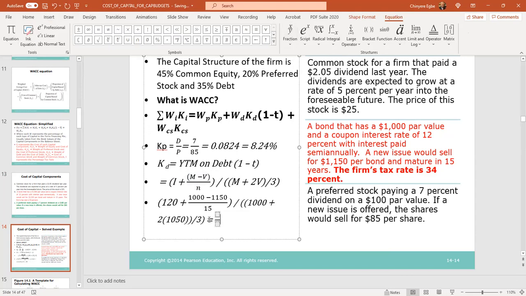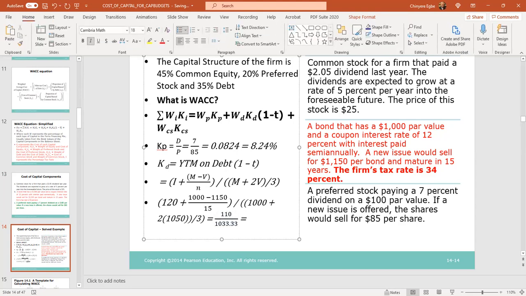What we're going to have will be 110 divided by (2 times 1,050 plus 1,000) divided by 3, which is 1,033.33. And what does that give us? So the cost of debt will be 10.64%.